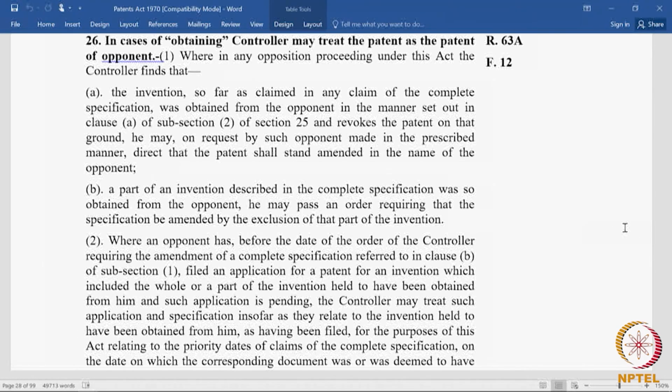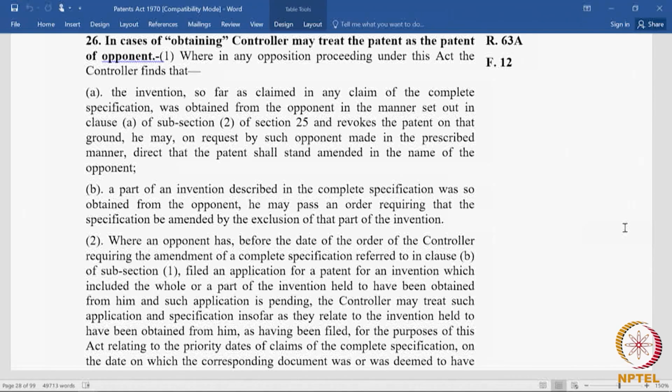Give the choices. 26 will be the answer; even 25(2) may not be correct, because under 25(2) the relief is only revocation. You saw in 25(4) three things can be done: maintain, amend, revoke. Transfer, substitution of name is not a power under 25(4). So, the correct answer will be 26.